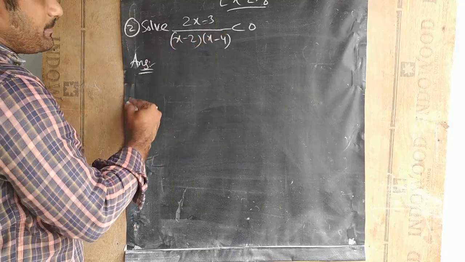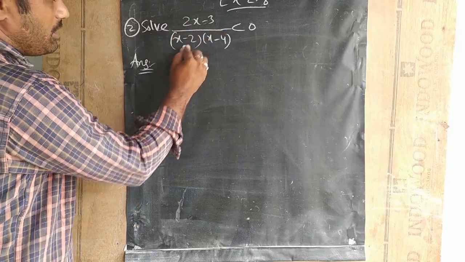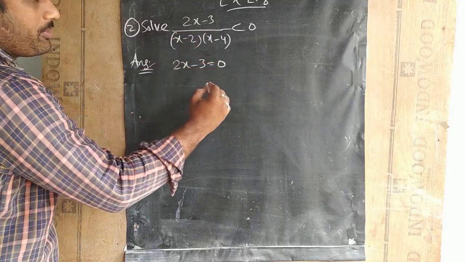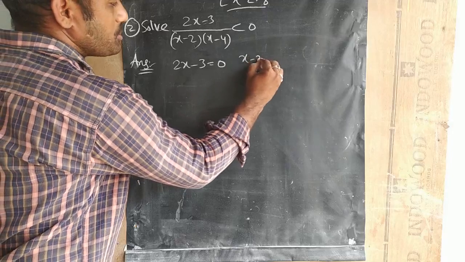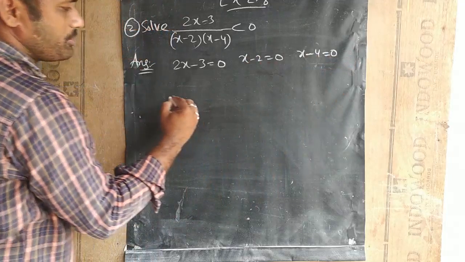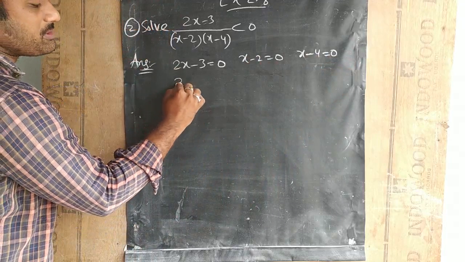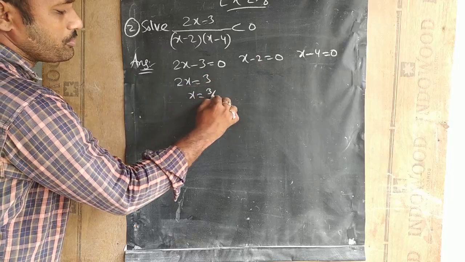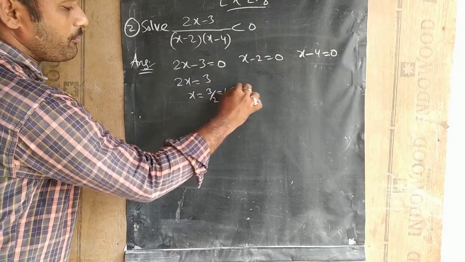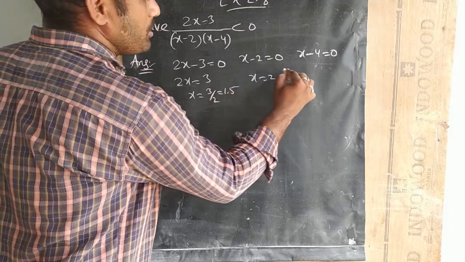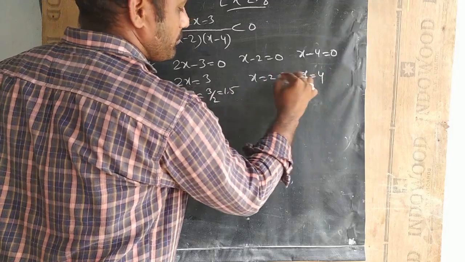To get this, first, what are the given conditions? 2x minus 3 is equal to 0, next x minus 2 is equal to 0, next x minus 4 is equal to 0. So 2x minus 3 means 2x is equal to 3, x is equal to 3 by 2, which is 1.5. Here the x value will be 2 and here the x value will be 4.